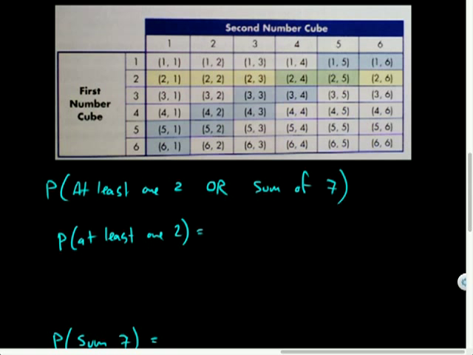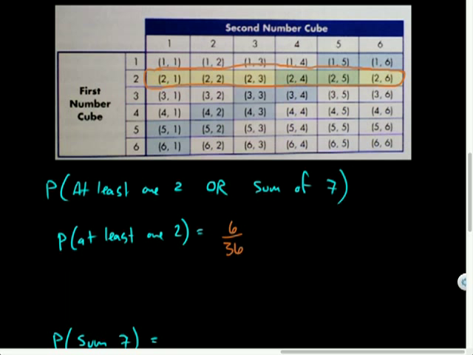So at least one 2, let me highlight which ones those are, is the row that happens to already be highlighted here. Those are all successful for having at least one 2. I didn't say exactly 2, so that means I do allow 2, 2. So the probability of at least one 2 is 6 out of 36.